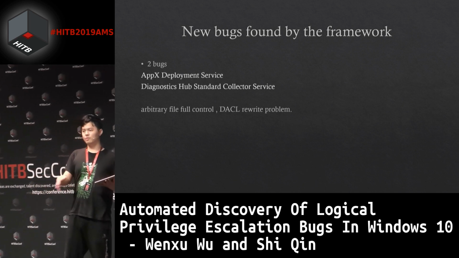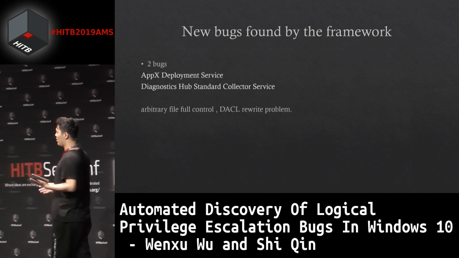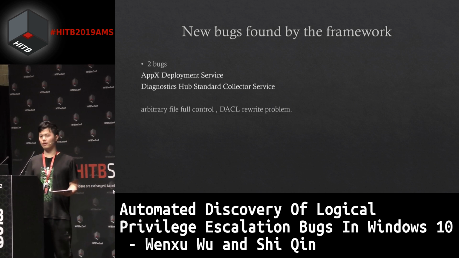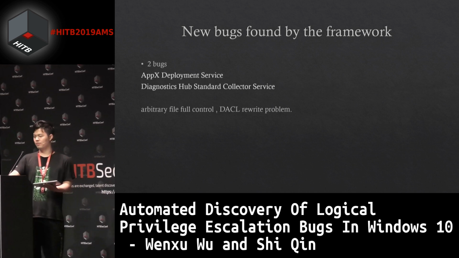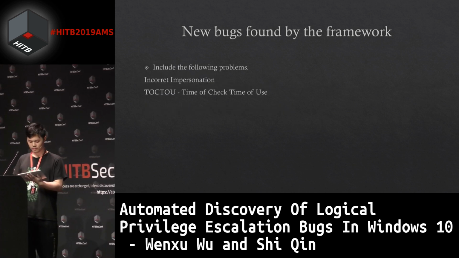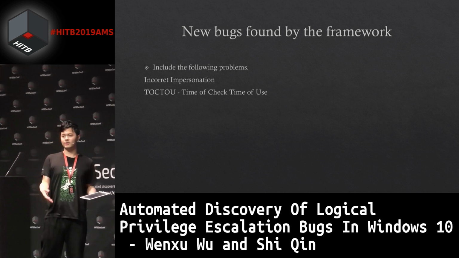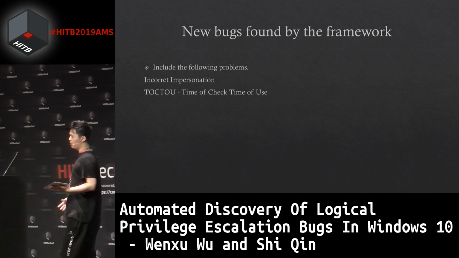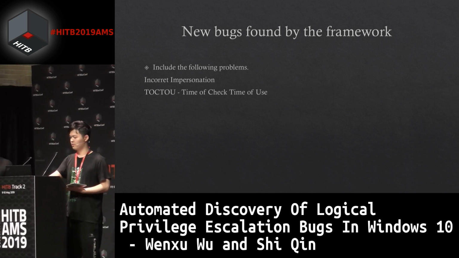And all of them are DACL rewrite bugs. It's very useful because you can get full control of any file and write anything into it. And the problems are just the same, our old friends, impersonation and time of check, time of use.